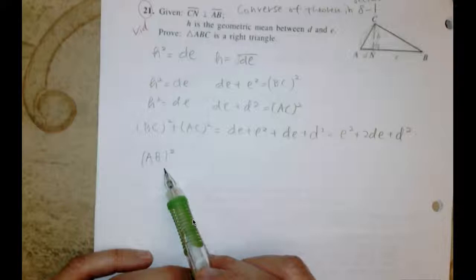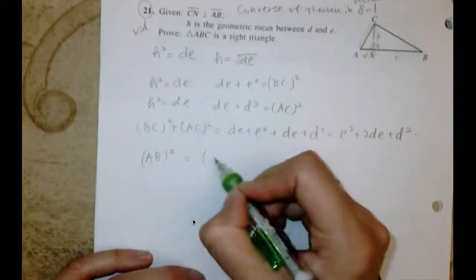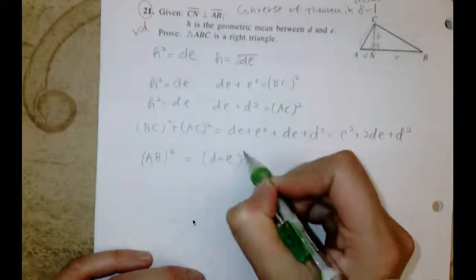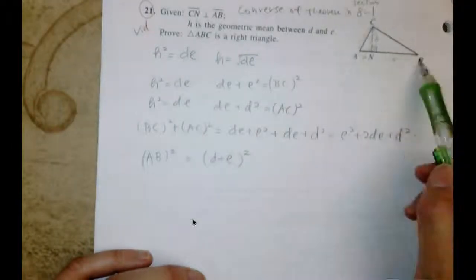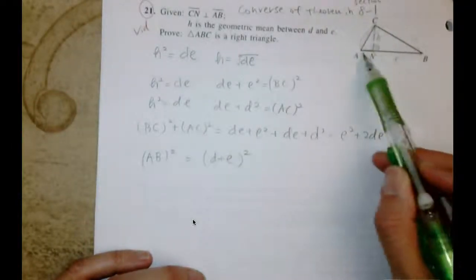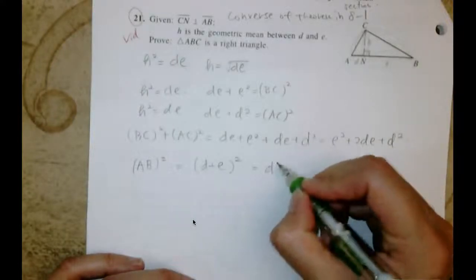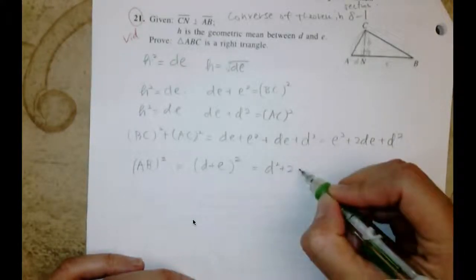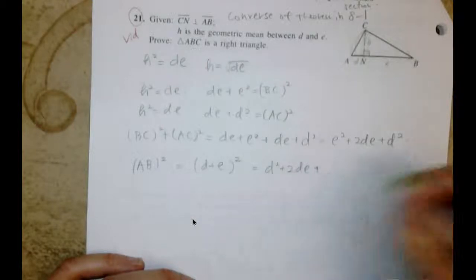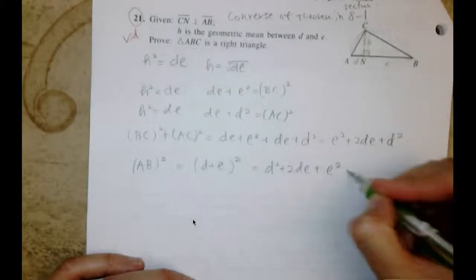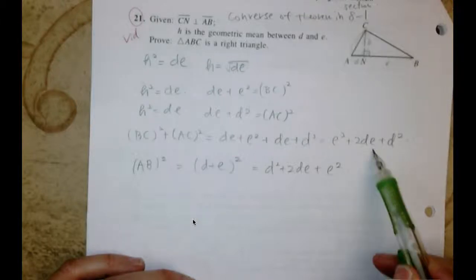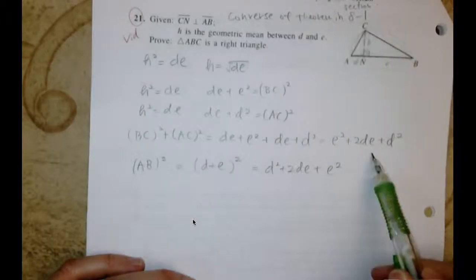But AB square has to equal D plus E squared, right? Because AB is D plus E, this distance is D plus E. So if you follow this, this is D squared plus 2DE plus E squared, which is the same as this, right?